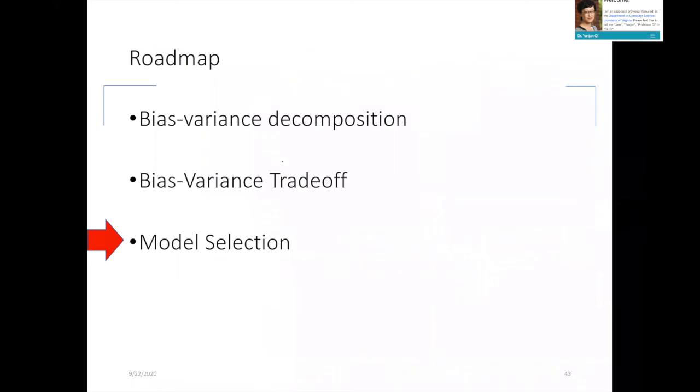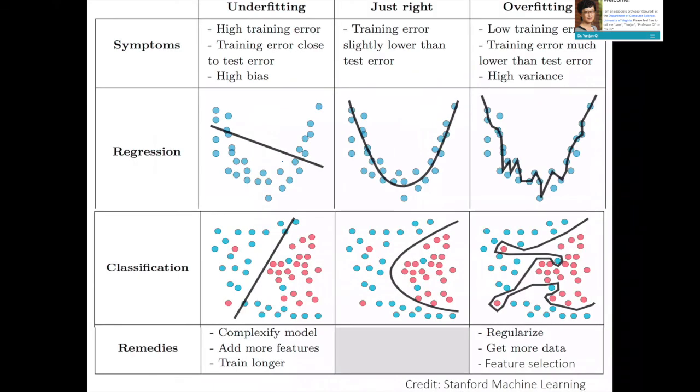Okay, I will use a few seconds to tell you: after I learned all this, so what? I still just plot my hyperparameter versus the testing loss and training loss curve. It's the same thing as we did before this class, right? So how does this bias-variance trade-off actually guide me?